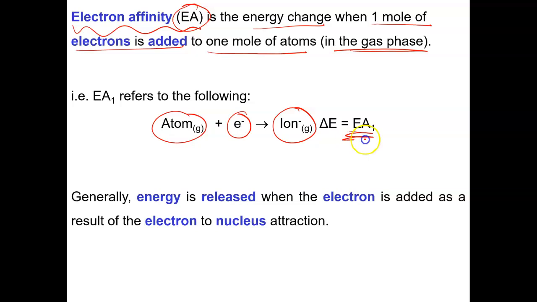The energy change for that is called EA1. In general, because we're forming a bond between the electron and the atom, energy is released when the electron is added. So this will be a loss of energy by the ion.